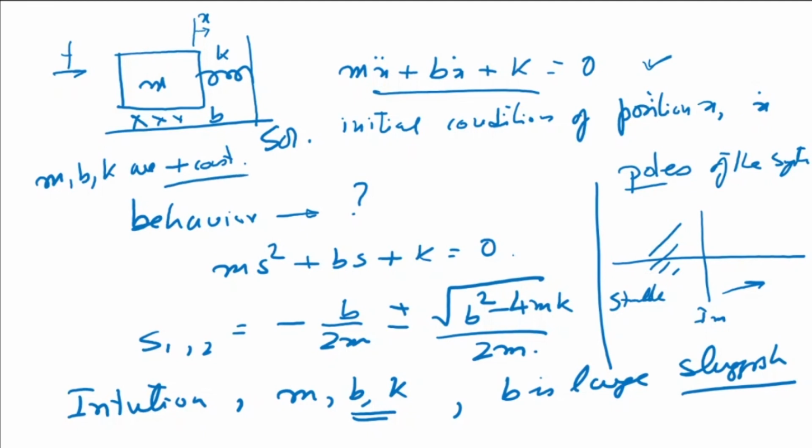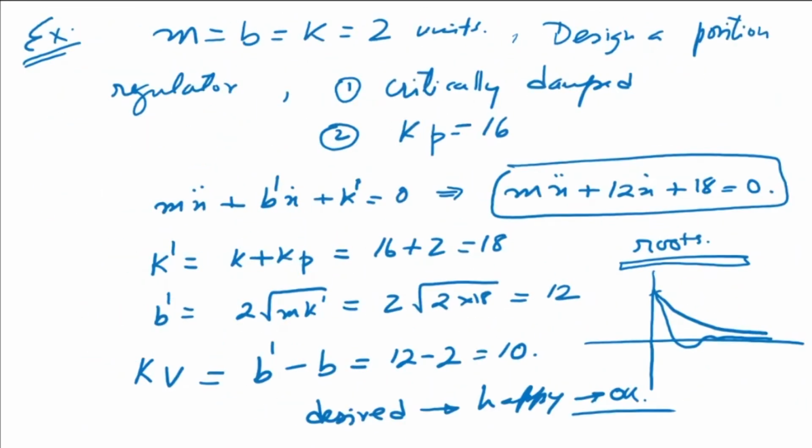Now we know that especially the damping need not be a constant. Spring stiffness also need not be a constant. It is constant only for a linear region, not otherwise. So in a real system, B and K need not be constants.